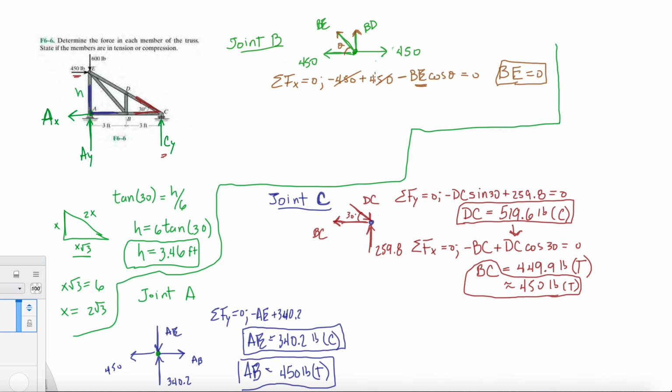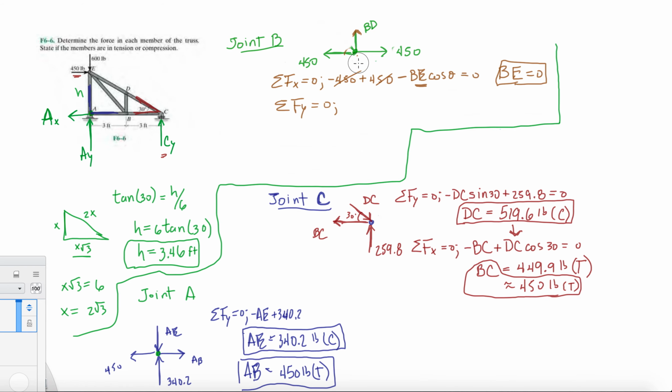And what happens now, if this is pretty much gone? This makes BD also 0, because there's only one force that we see here going in the y direction. There's no other force to counteract that force. There's no force going down.